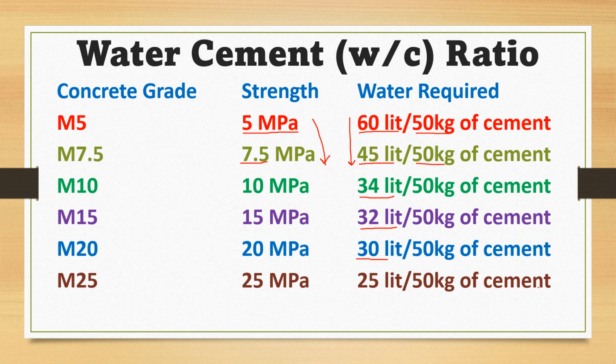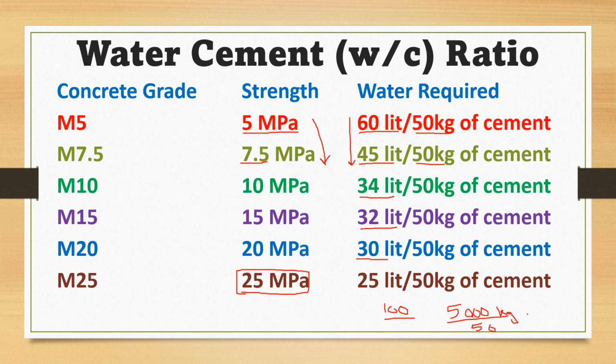It means if you are working on a batching plant and you are going to prepare M25 grade concrete with a strength of 25 megapascals and you are going to utilize 100 bags of cement, it means that you are going to use 5000 kgs in total. So you will divide this 5000 by 50.